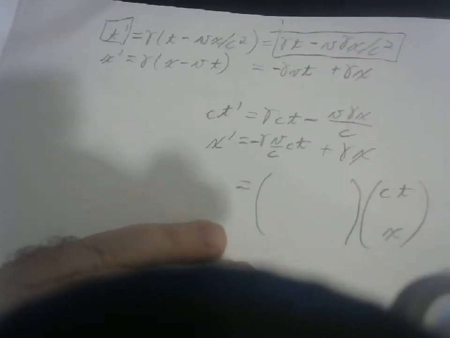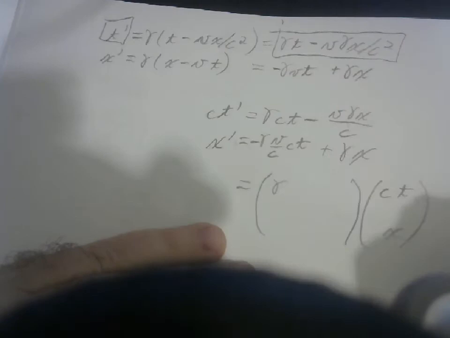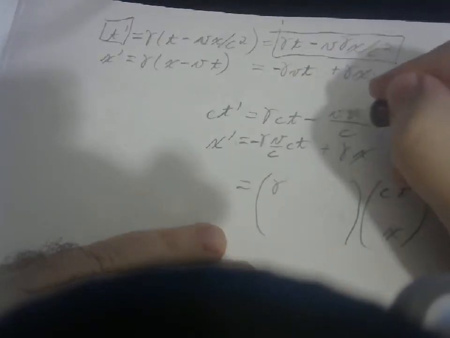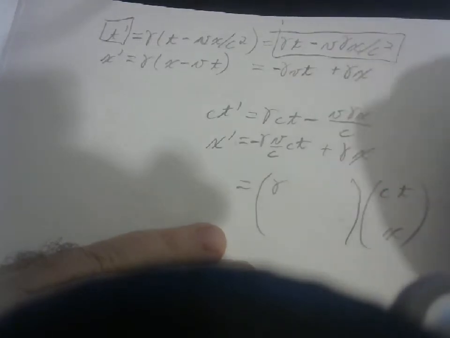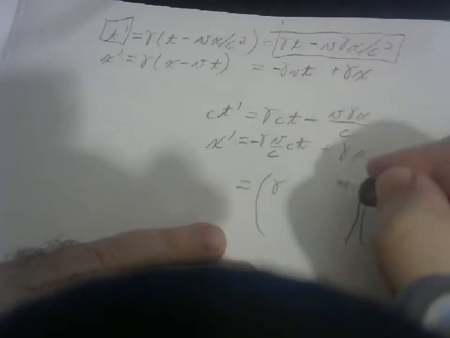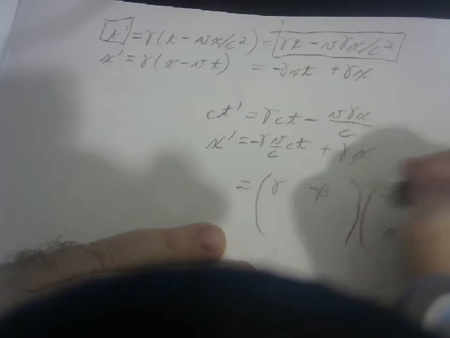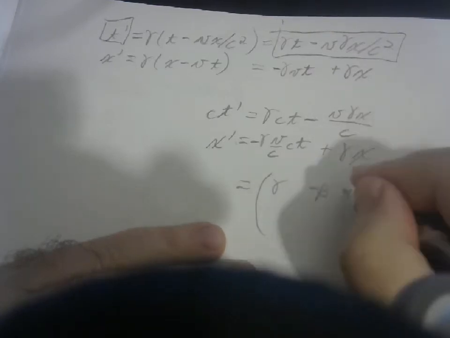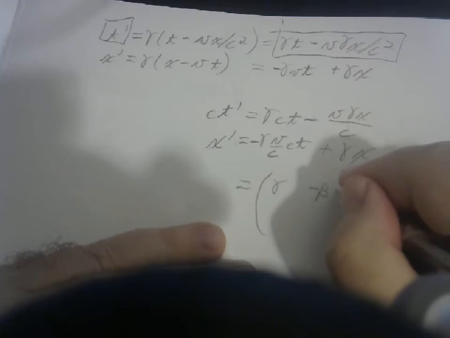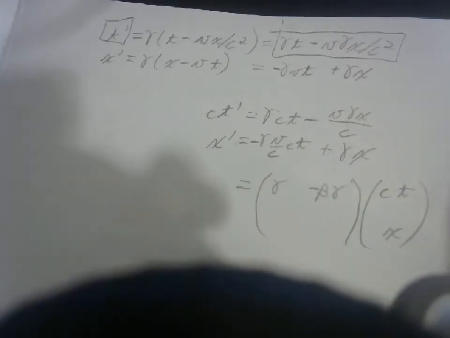Up here I can put gamma and minus v over c gamma, and I'm just going to call v over c beta, your velocity as a proportion of the speed of light, so minus beta gamma, multiplied by x.